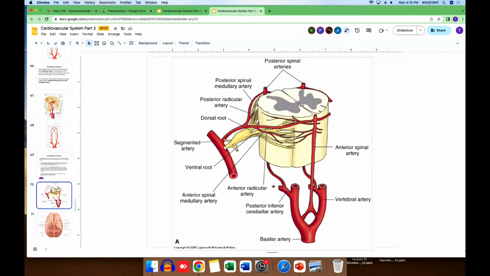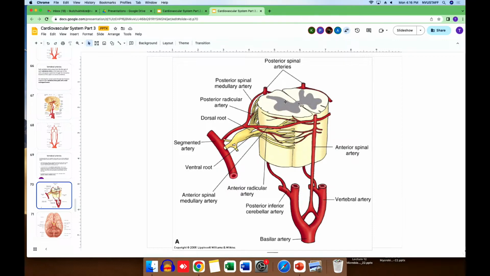So we have the anterior spinal artery. This is our vertebral artery, and it gave us the anterior spinal artery. One branch joins with its companion from the other side to form the single anterior spinal artery, which then descends in the anterior median fissure of the spinal cord.